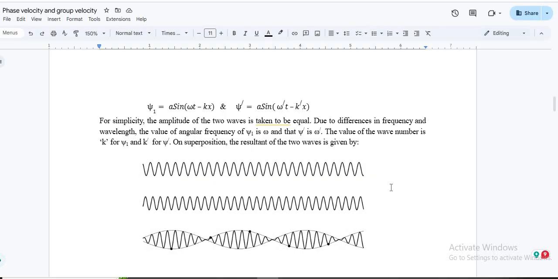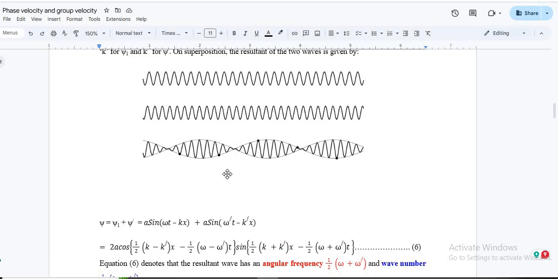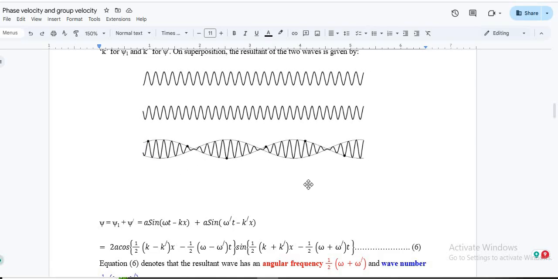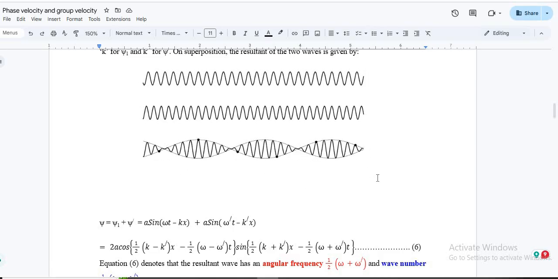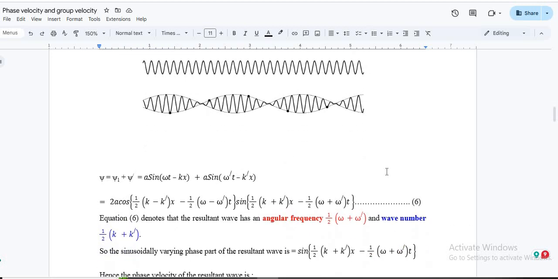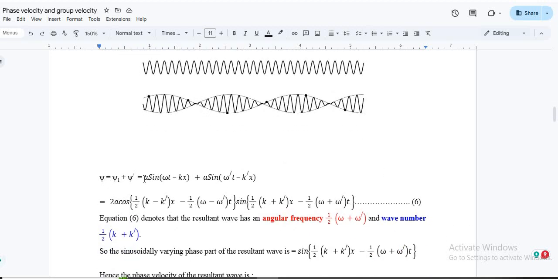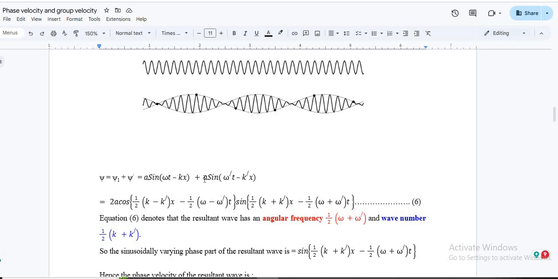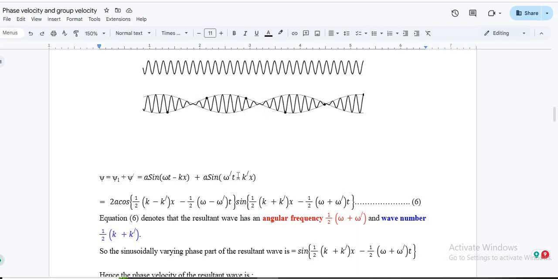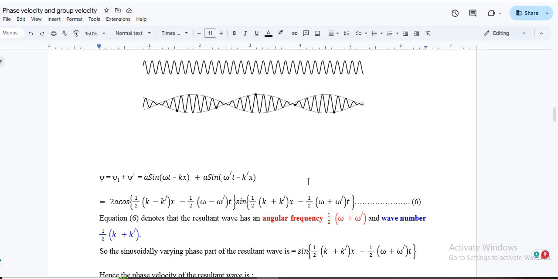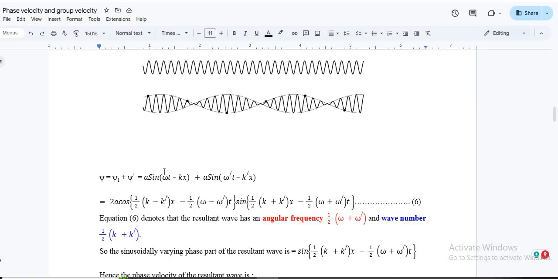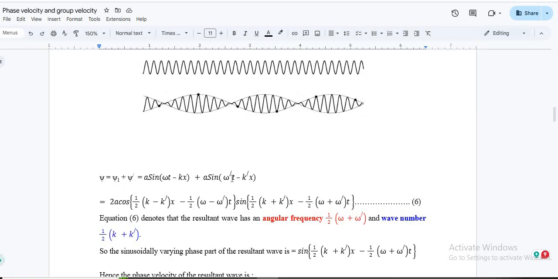When they are superposed, they are represented by this particular wave pattern. Mathematically, ψ, which is ψ1 plus ψ dash, is a sin(ωt − kx) plus a sin(ω dash t − k dash x). It is a simple sin C plus sin D formula.